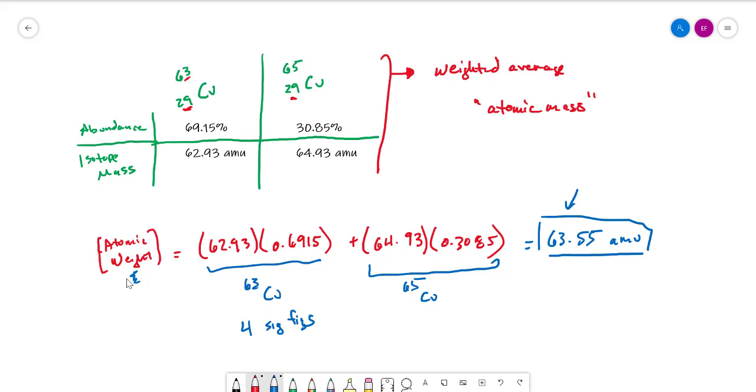We couldn't have any more than that because we never had more in the inputs to begin with. The same would be true for this case, and so we'd have four sig figs in each of these answers. Now we're going to do an addition operation. We're going to keep the two additional values beyond the decimal point, because in addition or subtraction operations, we're keeping digits past the decimal. In this case, we'll keep two, which allows us to have two past the decimal in our final answer to give us a total of four sig figs in our final answer.